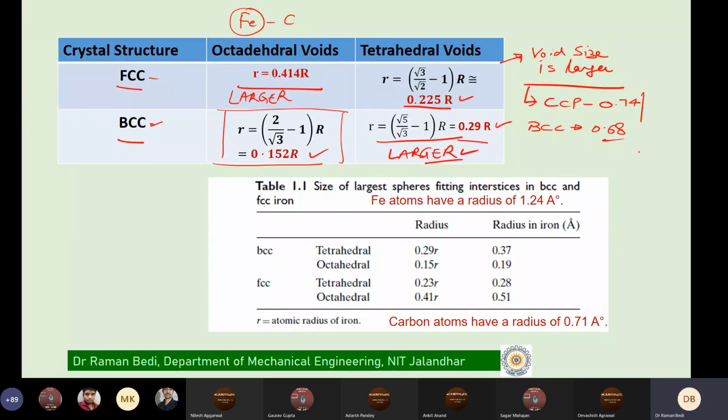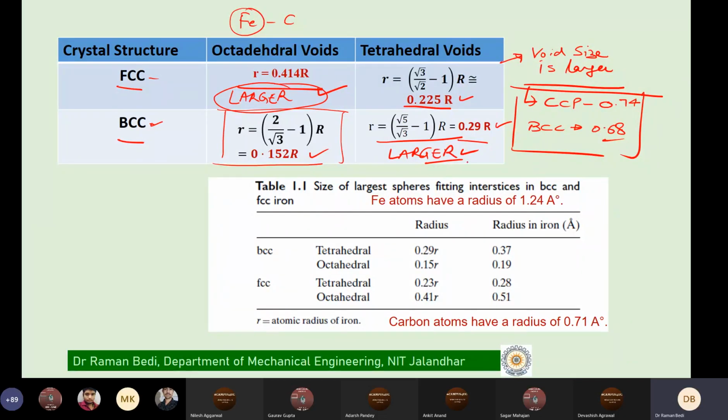So although you have a CCP system which is more closely packed, the geometry is such that the void size is also larger in the case of your FCC structure.